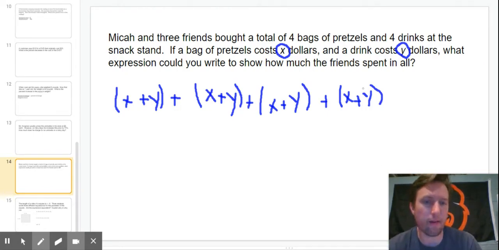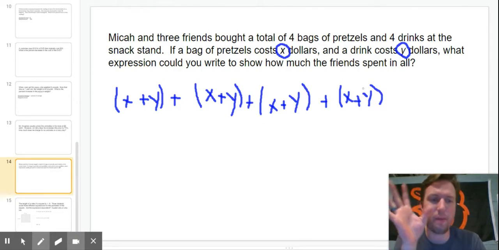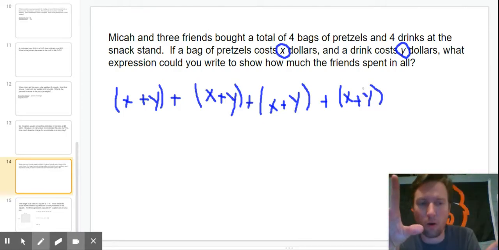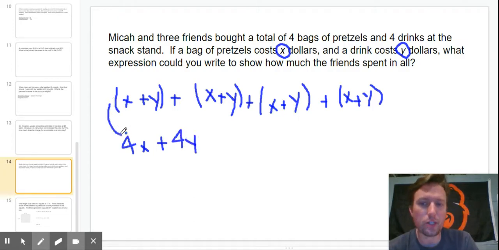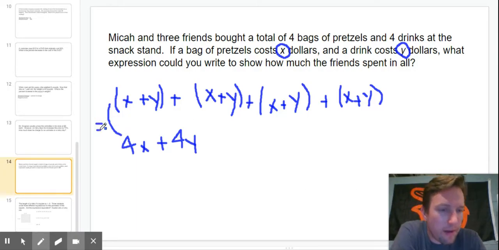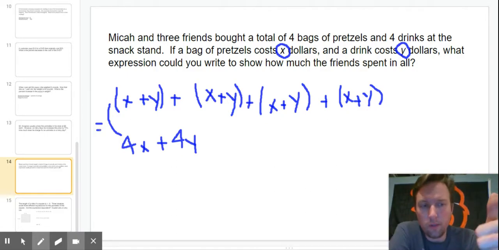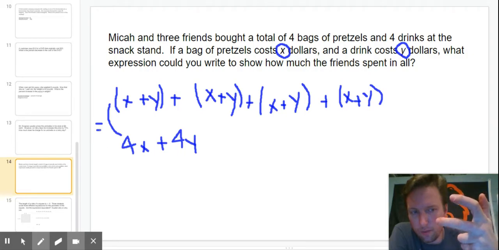Well, in that scenario, with one friend buying all the pretzels and one friend buying all the drinks, we could say 4 times x plus 4 times y. Now, these two expressions here are equal. And if you think about it in terms of what you already know, take 2 plus 2 plus 2 plus 2.